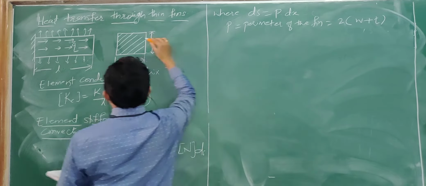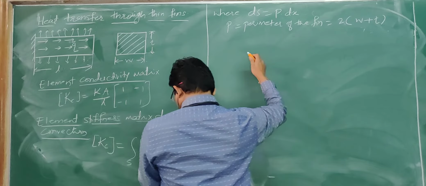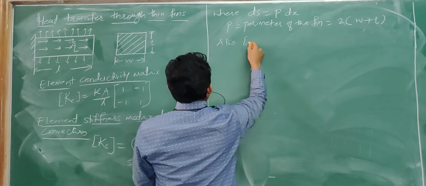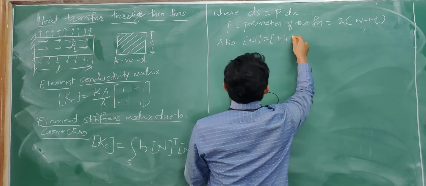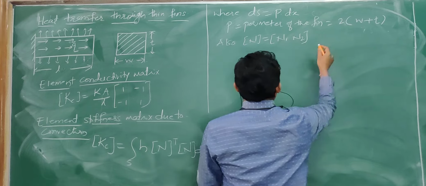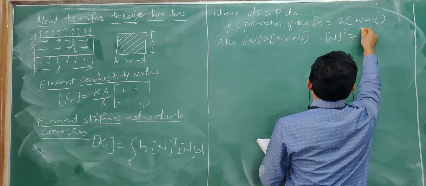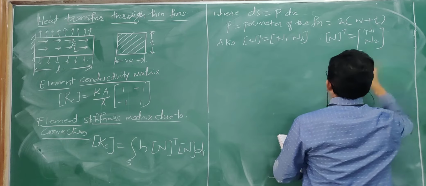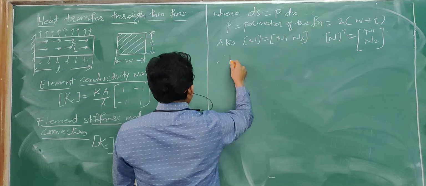This is nothing but the cross sectional perimeter. Also we know N is [N1 N2], therefore N transpose is [N1; N2]. So I'll substitute the values.